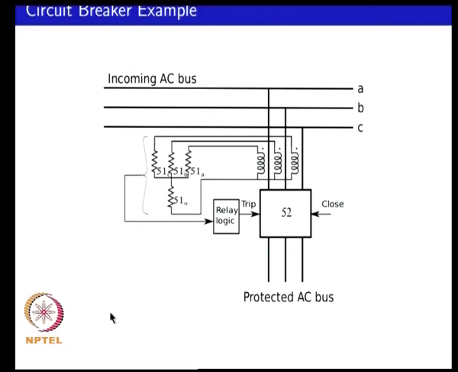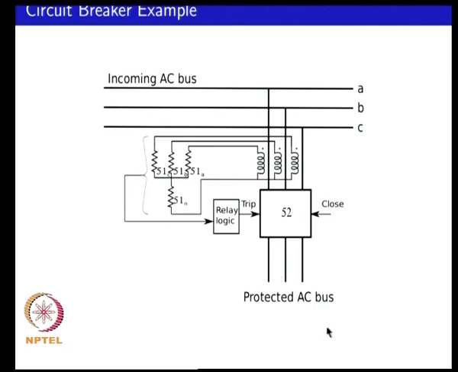Okay. So, the question now is how to make use of this for operating a protective device. We will look at a simple example of a 3-phase circuit breaker. So, in here you have a 3-phase AC circuit breaker 52, you have an incoming 3-phase AC bus, and you want to protect some line, cable or load downstream.